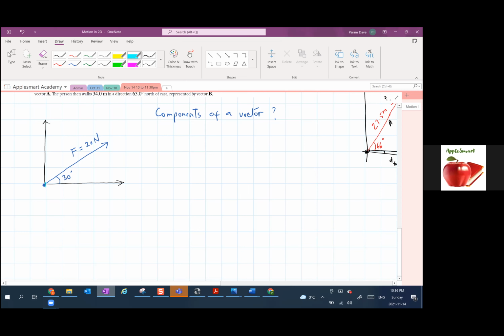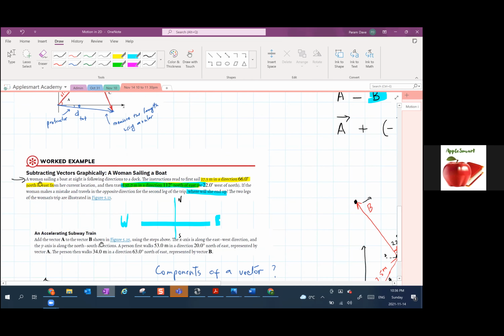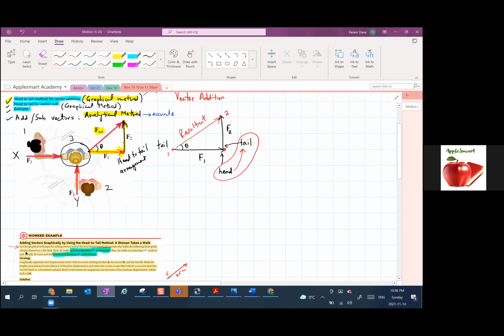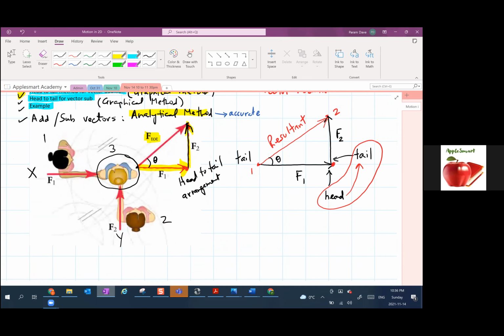The stone feels a pull in the rightward direction, and it also feels a pull in the upward direction. This is very similar to the first situation we analyzed. So the force can be divided into two parts: the rightward part and the upward part.